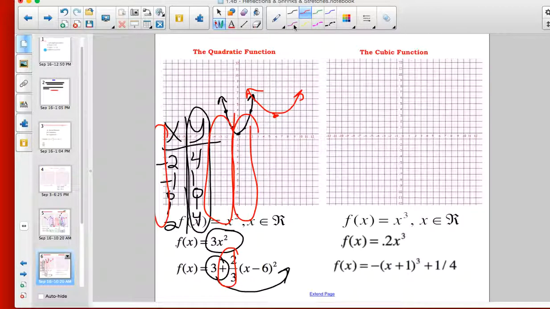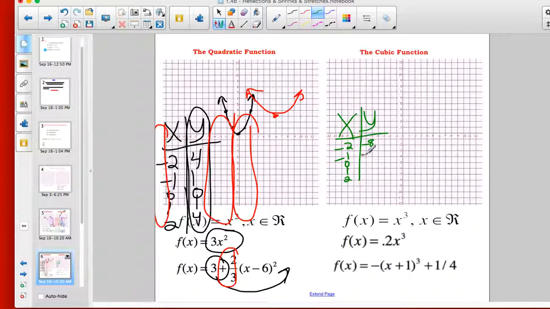Okay, cubic function, which is over here. So we're going to start with the parent function again, which I'll do over here in green. So we have x and y, right? Now with this function, we get the same 5 x coordinates, -2, -1, 0, 1, and 2. And when I plug in -2, I get -8.